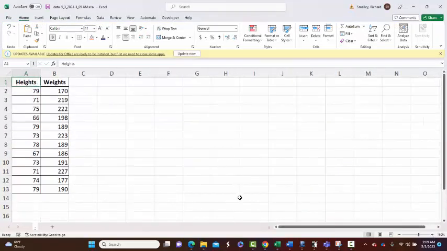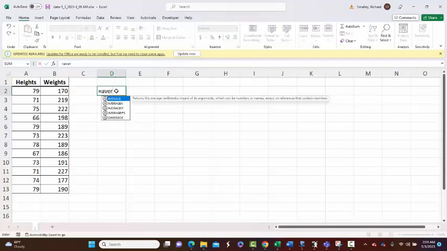And it did say sample, so we want the sample mean. Well, that won't matter, but the sample standard deviation is going to matter. Now, be careful because of the labels. It starts in A2, not A1, and goes to A13.